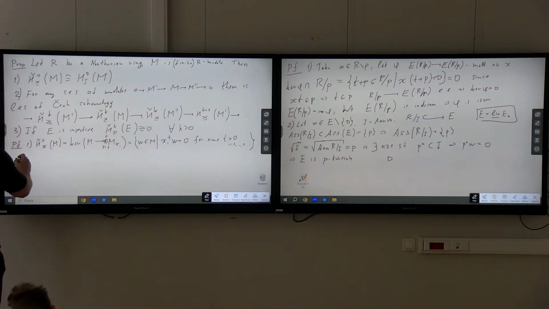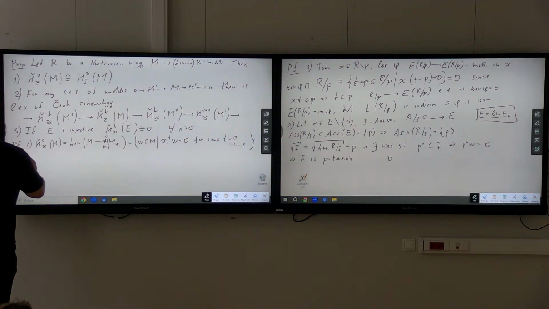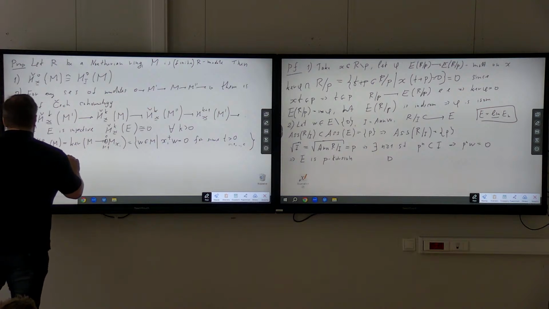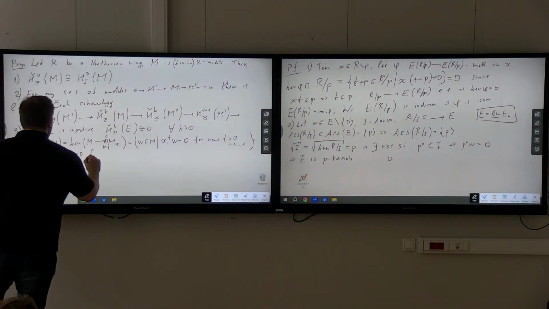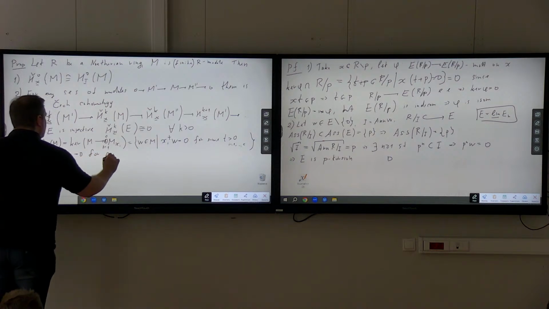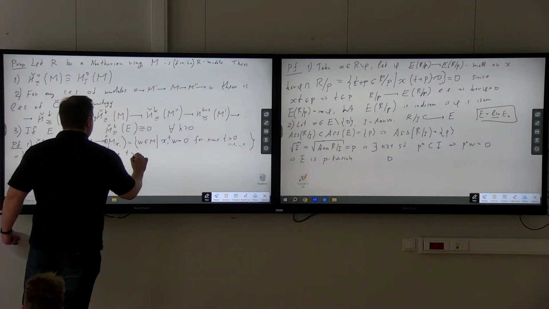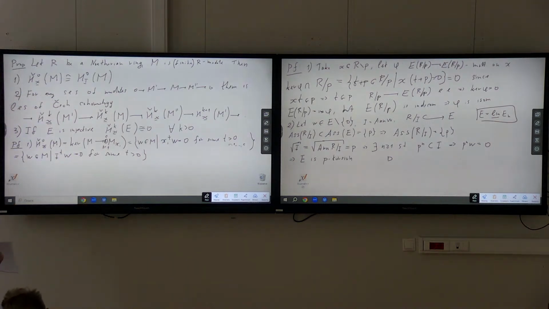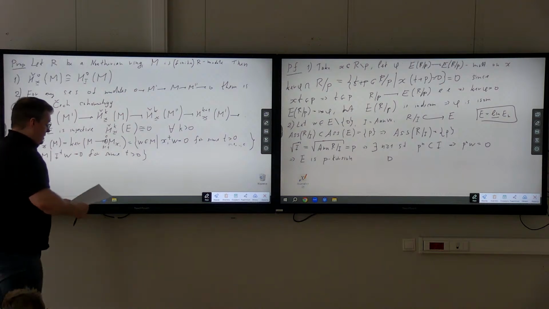Okay, now this we can rewrite as all the w in M such that I^t w is equal to 0, again for some t positive. And so we get this condition for the generators, and of course this is equivalent to this condition for the whole ideal.